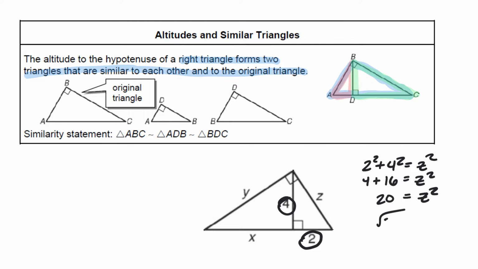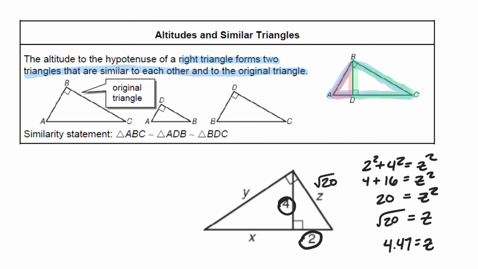And we're going to leave it as the square root of 20 because that's actually going to work in our favor a lot of times. So Z is equal to the square root of 20. I'm going to get the decimal answer just for myself, just so I have an idea of what we're looking at. I also like to know if my answer is reasonable. And it is 4.47.